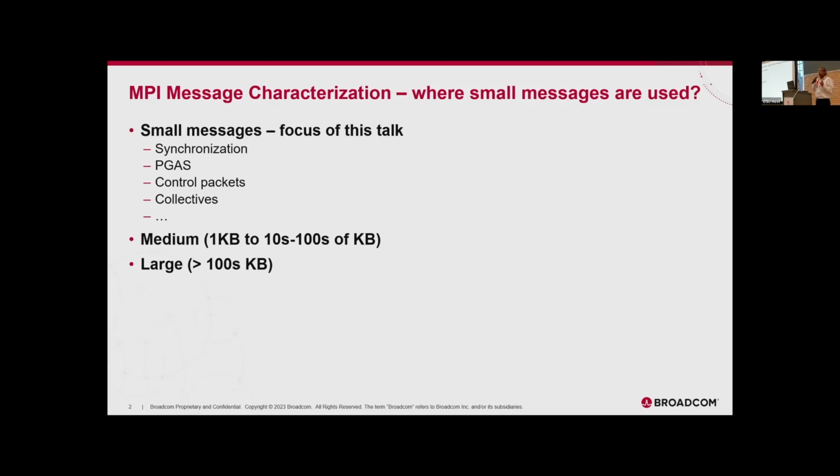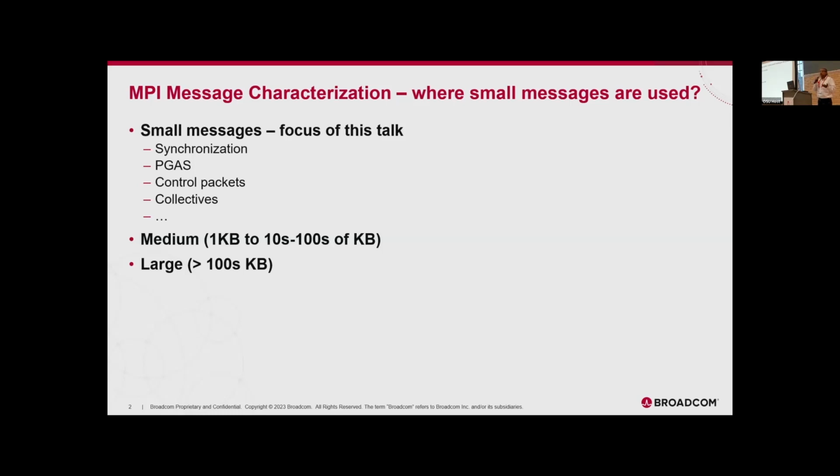I want to focus on small messages. Depending on the application, maybe machine learning where the data transfer is very large, it may not matter as much, but there are other aspects of those applications. Plus there are a lot of HPC applications where you have either synchronization, control traffic, or you're doing collectives on a very small amount of data. So these generate a lot of small messages.